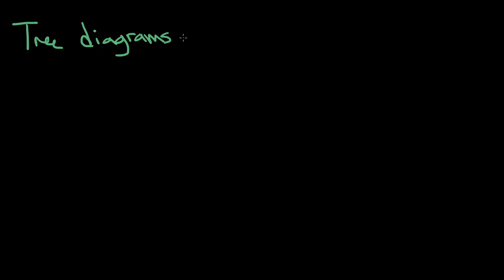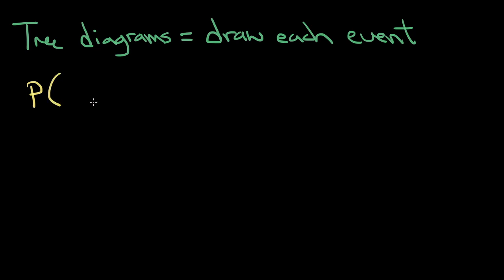So how do they work? Basically, you draw each event and leave some space here. And I'm going to have the probability of rolling two ones.